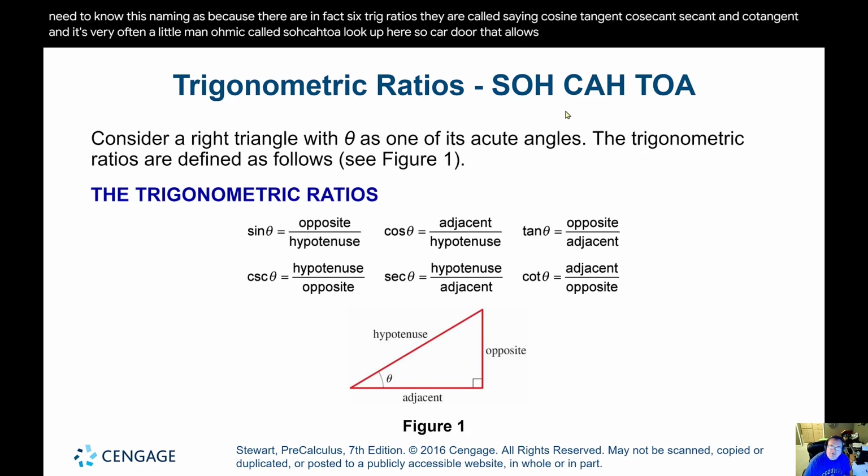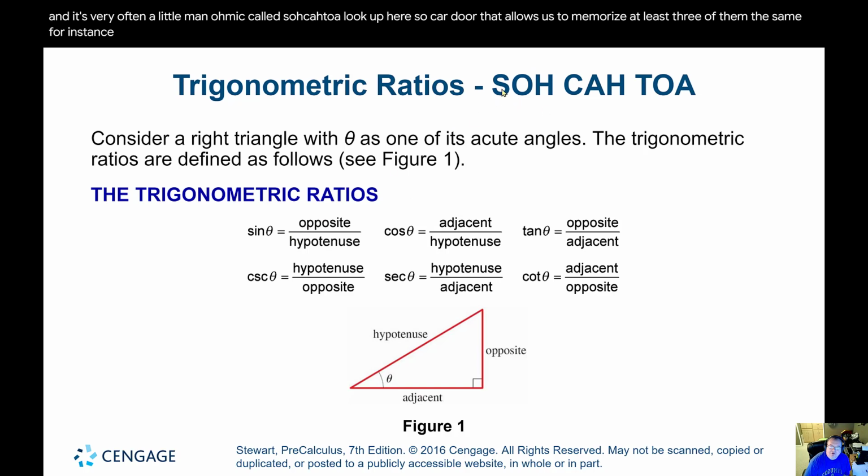That allows us to memorize at least 3 of them. The sine, for instance, is opposite divided by hypotenuse. The cosine is adjacent divided by the hypotenuse. The tangent is opposite divided by the adjacent. And that gives us these.